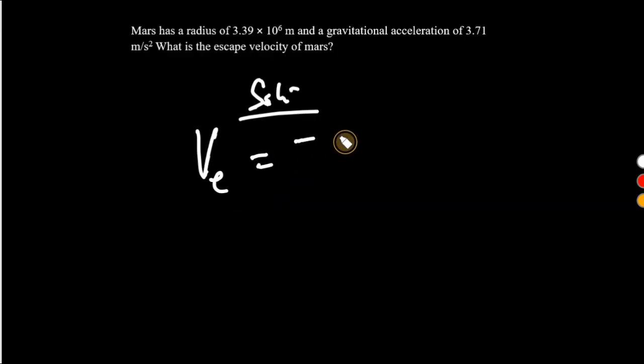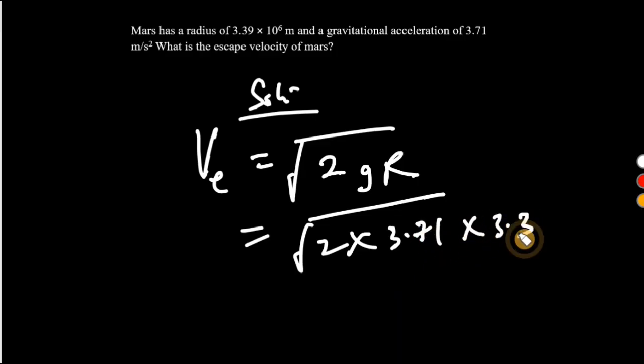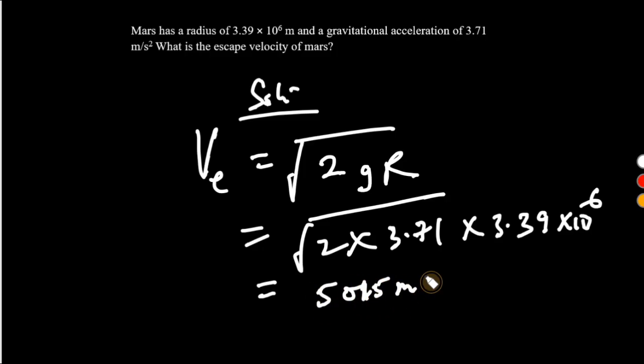Ve equals the square root of 2gr, which is the square root of 2 times 3.71, the gravitational acceleration, times 3.39 times 10 to the power of 6, the radius. So this gives us 5,015 meter per second, so we can have 5 kilometer per second.